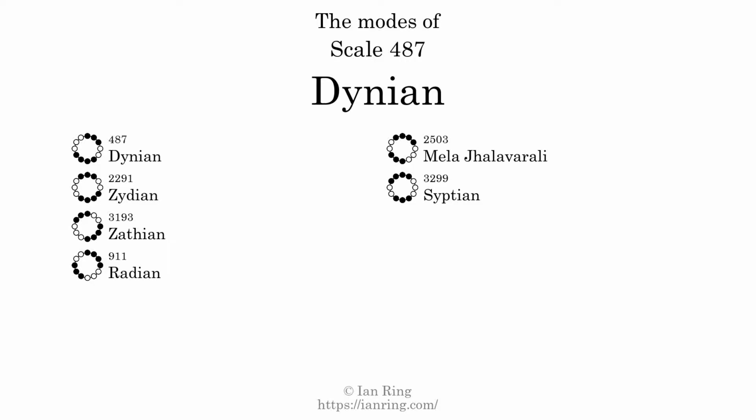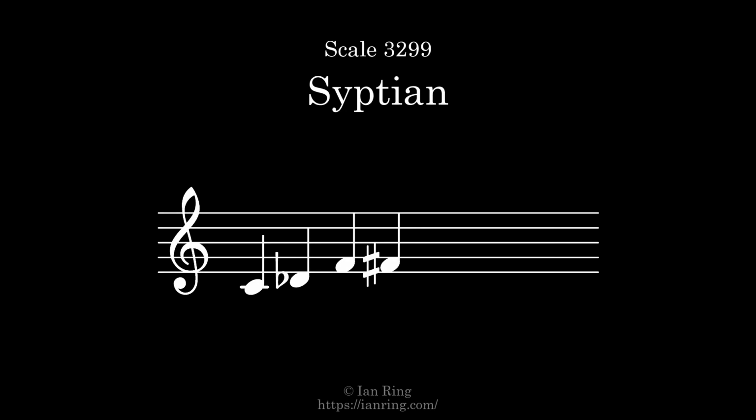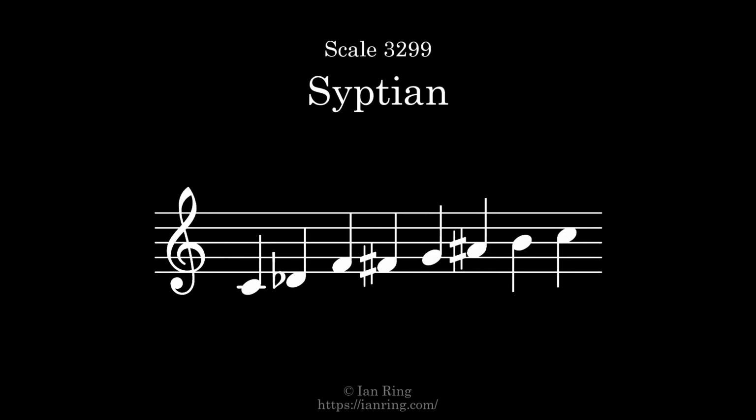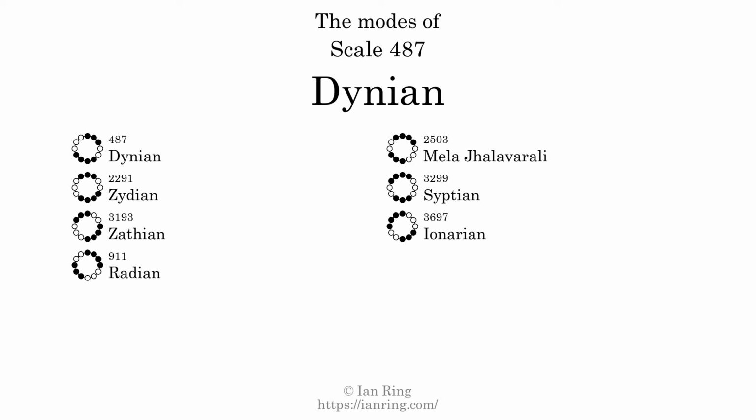The sixth mode is scale 3299, also known as Siption. It sounds like this. The seventh and last mode is scale 3697, also known as Ionarian. It sounds like this.